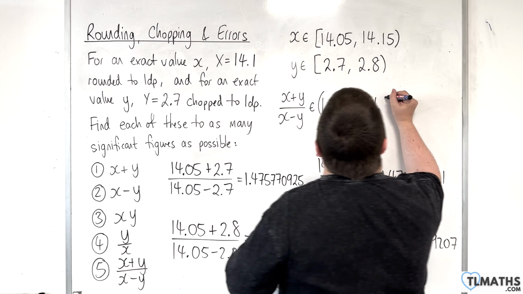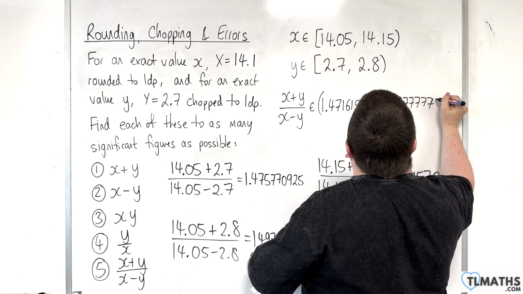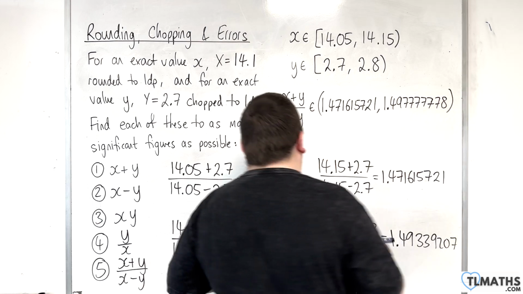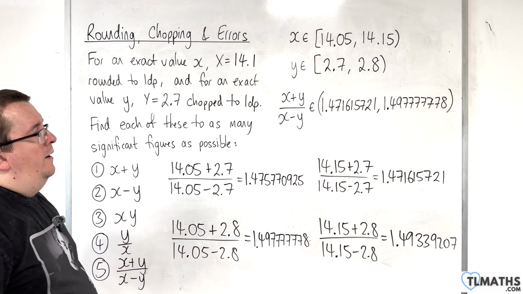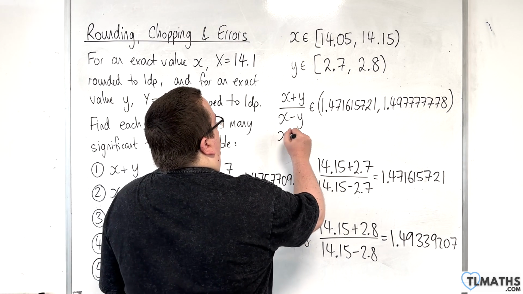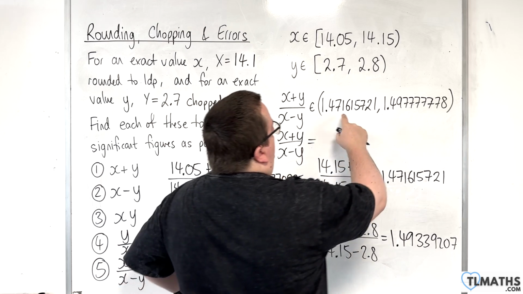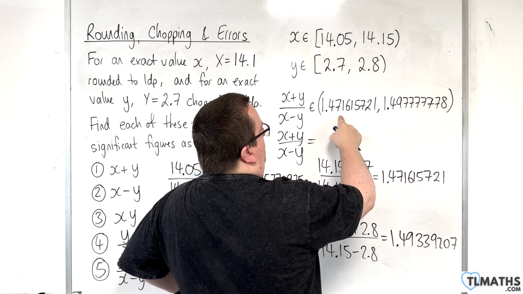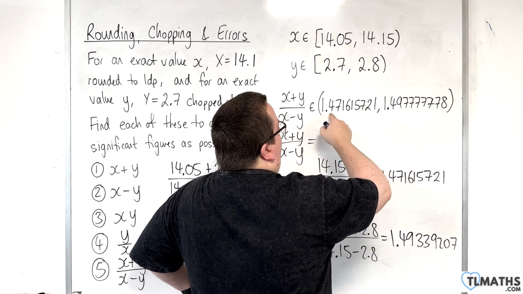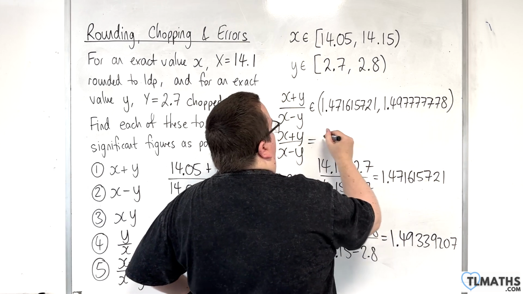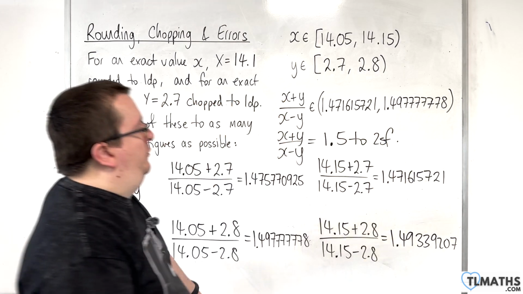So 1.49777778, curved bracket. And that's using the smallest value of x and the largest value of y. So we can write this to be equal to, now to three significant figures, this would be 1.47 and 1.50, so that's no good. 2 sig fig, that's 1.5, and that's 1.5. So 1.5 to 2 sig fig is the best we can do for that one.